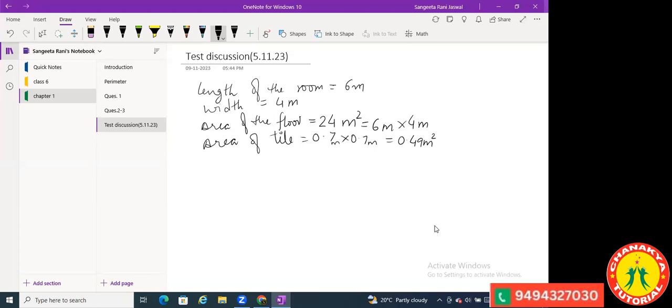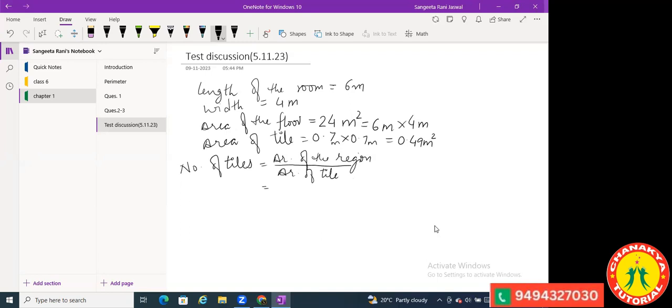Got it? Now, to find the number of tiles, what do we do? I had given you some points to remember. Number of tiles will be area of the region upon area of the tile.